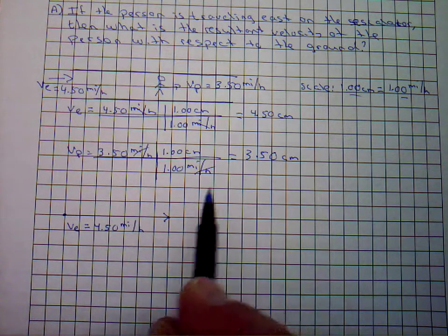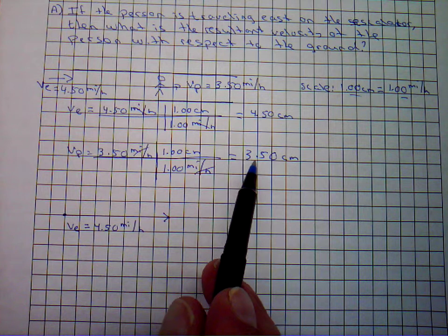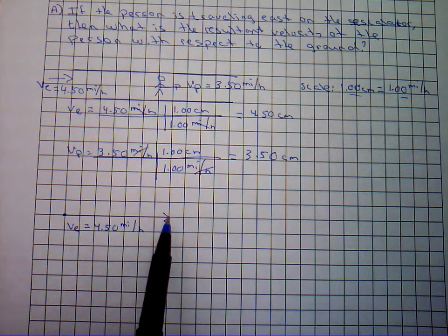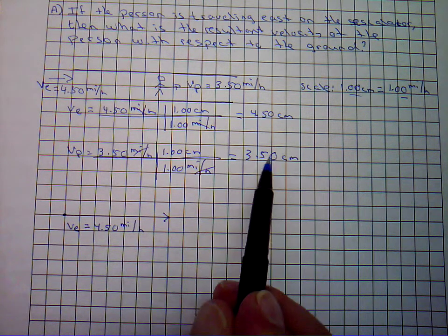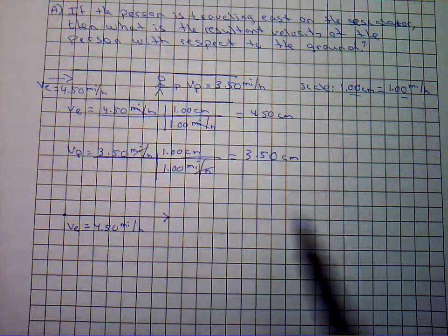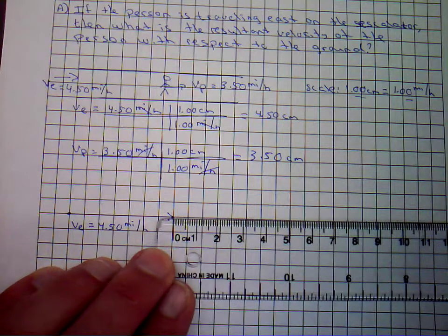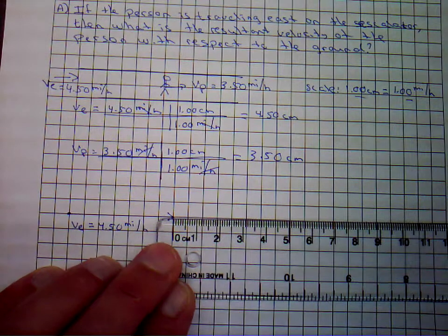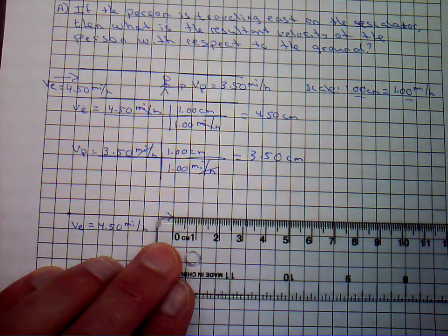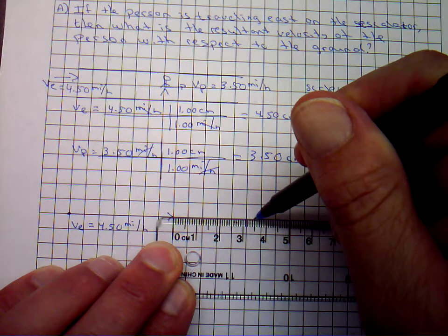We then add the second vector that we have, which is the velocity of the person. We always add vectors tail to tip. I'm going to take the tail of this vector, 3.50 centimeters, and put it on the tip of the first vector that I drew. And it must be in this magnitude, and since it's also traveling east, it must be going in the east direction. Then we start at the tip of the first vector that we drew, put our 0 on it, and we'll make sure we draw the second vector going due east, and this is going to be 3.50 centimeters.